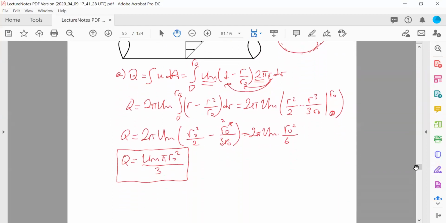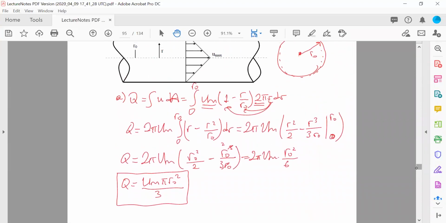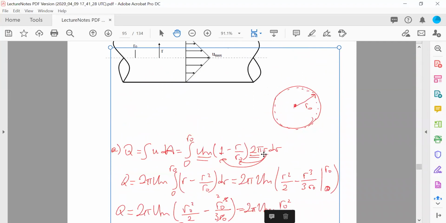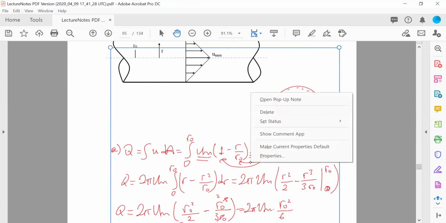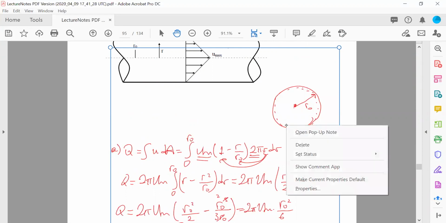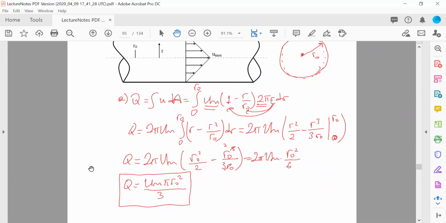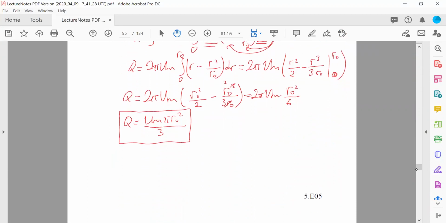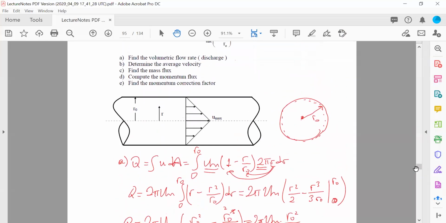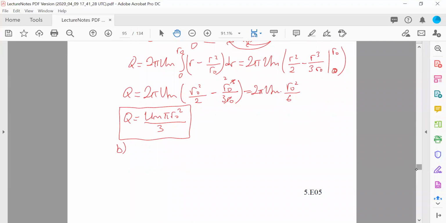The average velocity is just discharge over area, Q over A, which is pi u max r0 squared over 3 over pi r0 squared, which equals u max over 3. This is the average velocity.